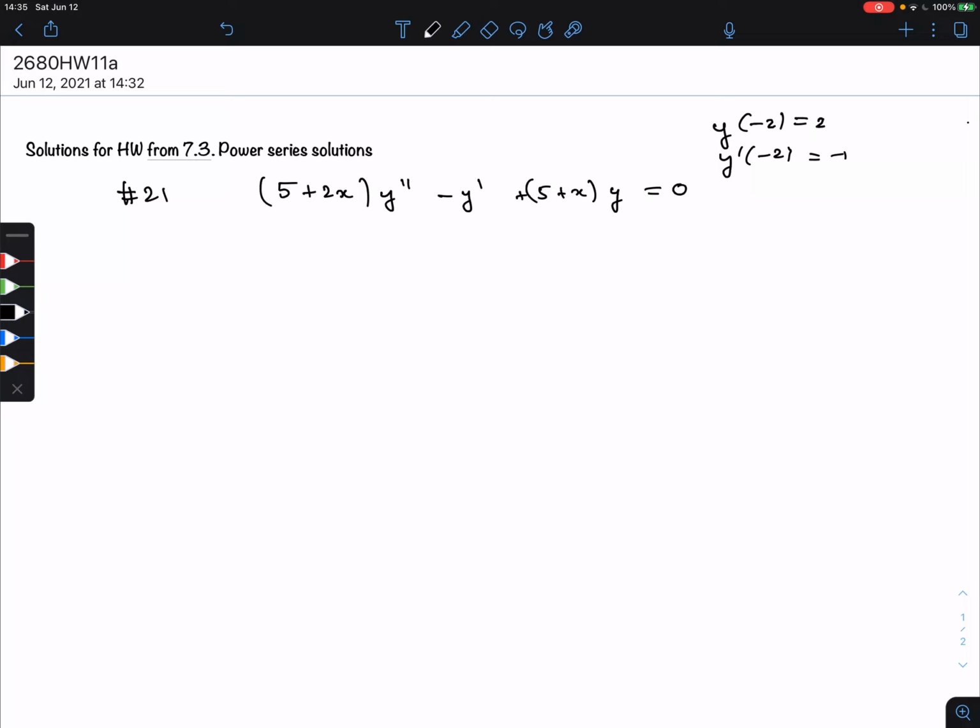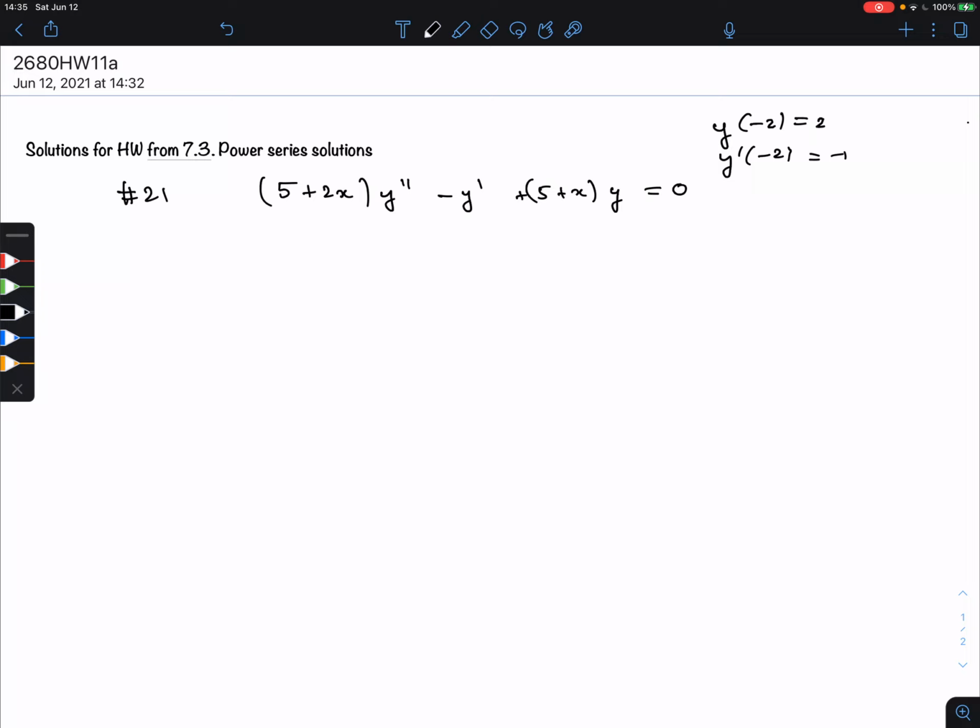But there's one other thing that we have to do, which is also very important. It's not just the power series that have to be centered in x plus 2, but to get the correct recursion relation, we should also write our polynomials such. So we have to write this as 2 times x plus 2 minus 2, plus 5.